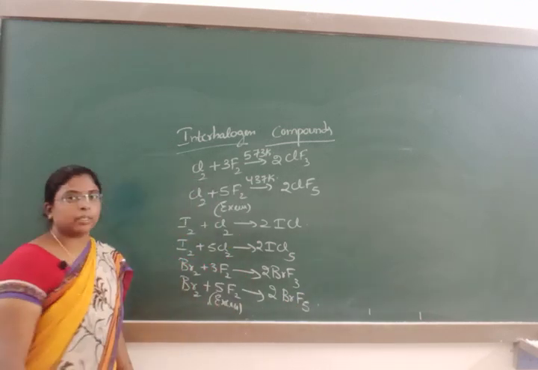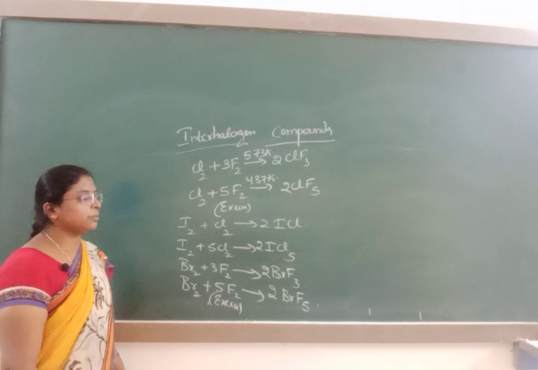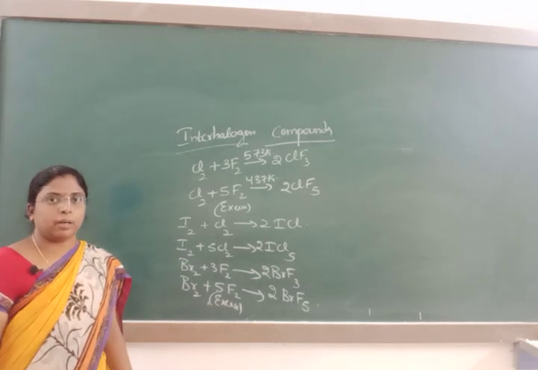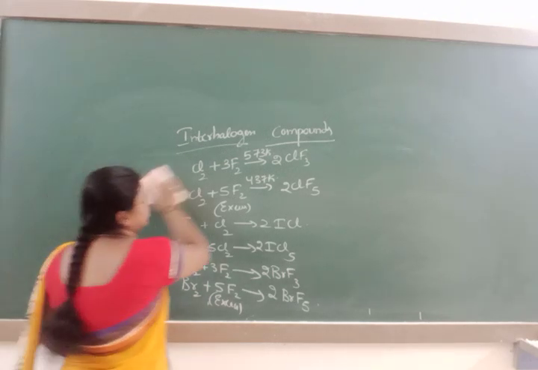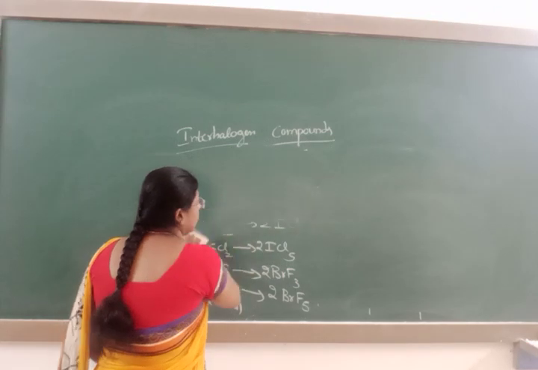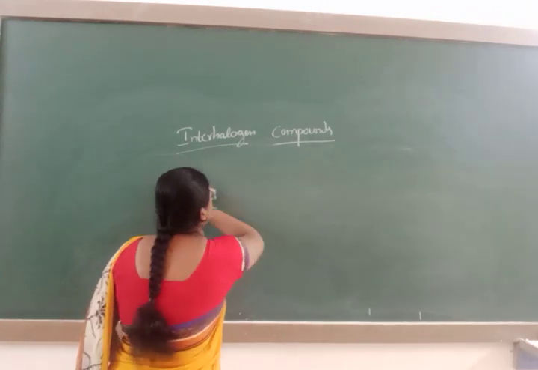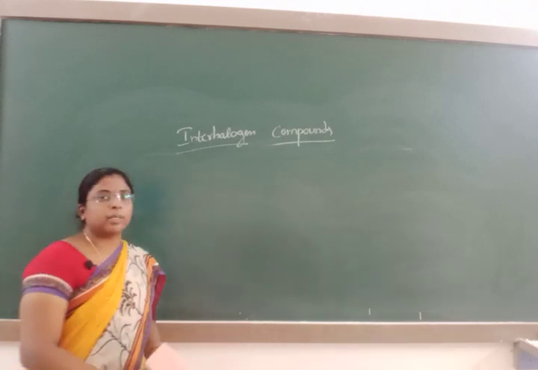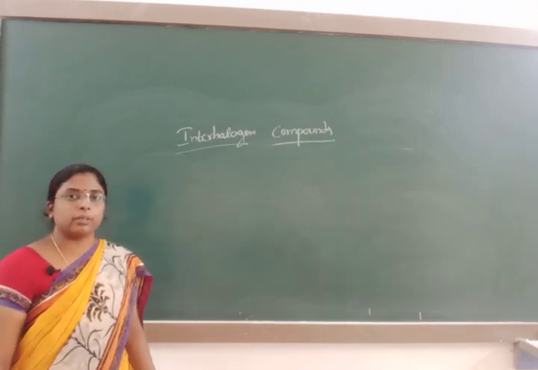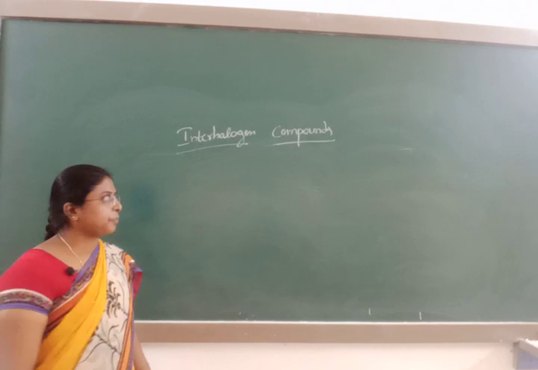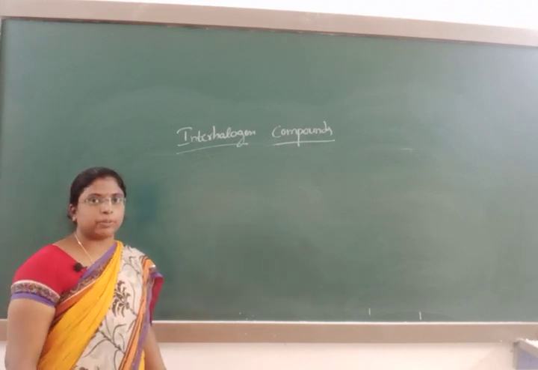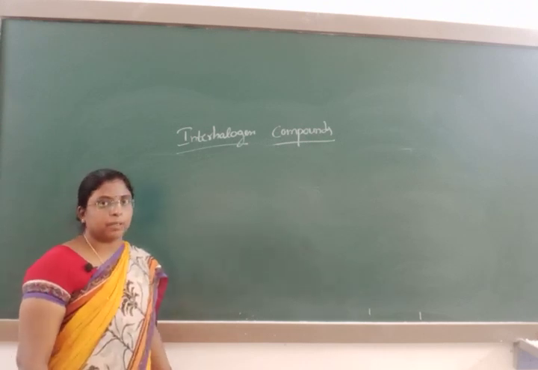These are some of the examples of the formation of interhalogen compounds. This is very important in the exam. You get this for 1 mark questions. They give you the reactants, and they may ask for the product or one of the reactants in the exam.